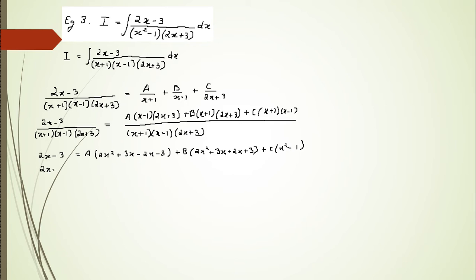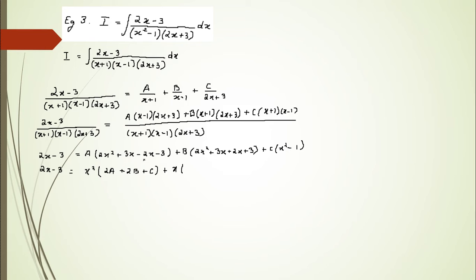Therefore 2x minus 3 is equal to x square into (2a plus 2b plus c), plus x into, now write all the coefficients of x.